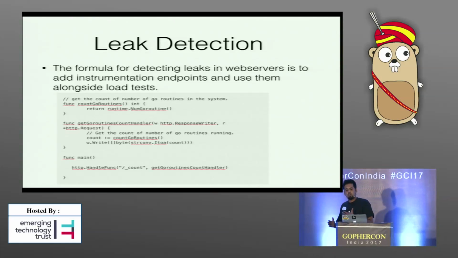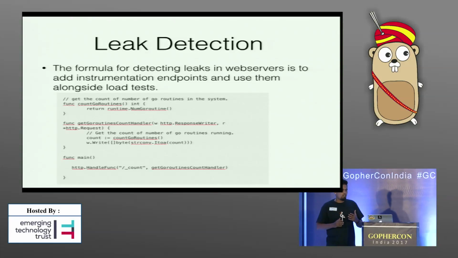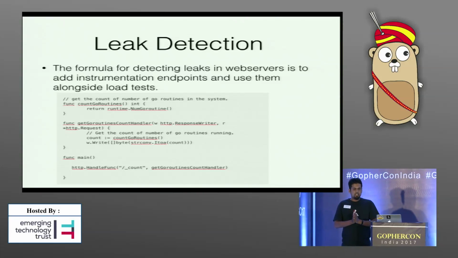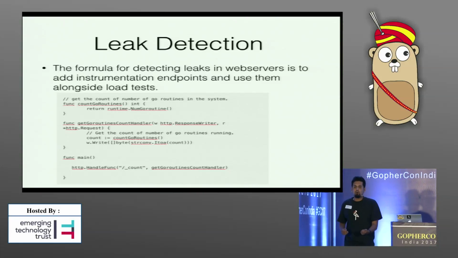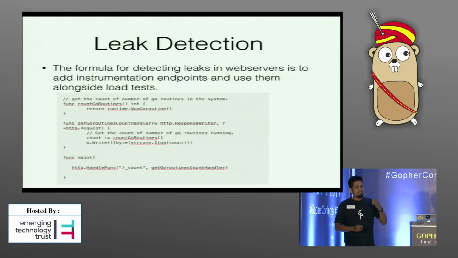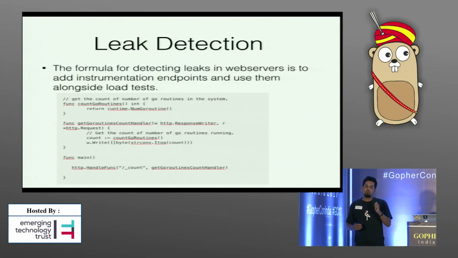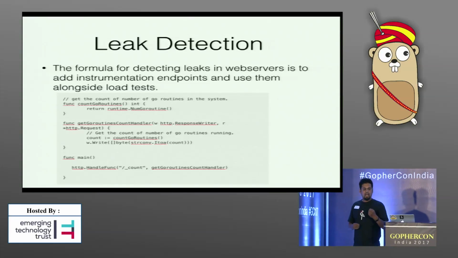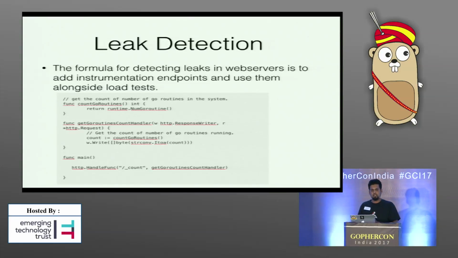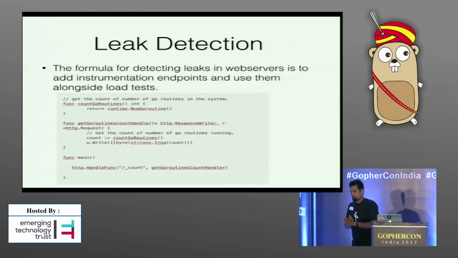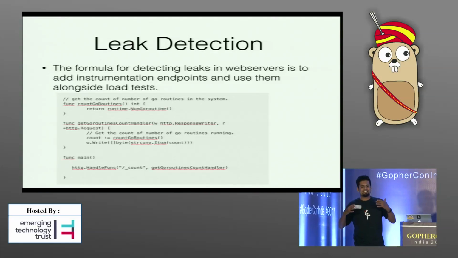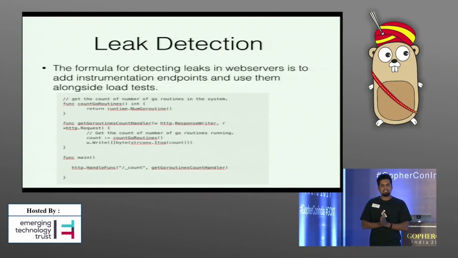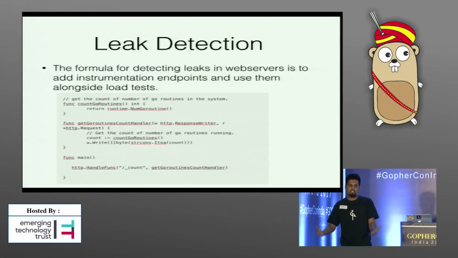The way to go about this, the first step, could be to add an endpoint to your web service which returns the number of Go routines alive in your system. You can use the runtime.NumGoroutine function, provided by the runtime package, which returns the total number of these lightweight threads that exist in your system at a given point in time.